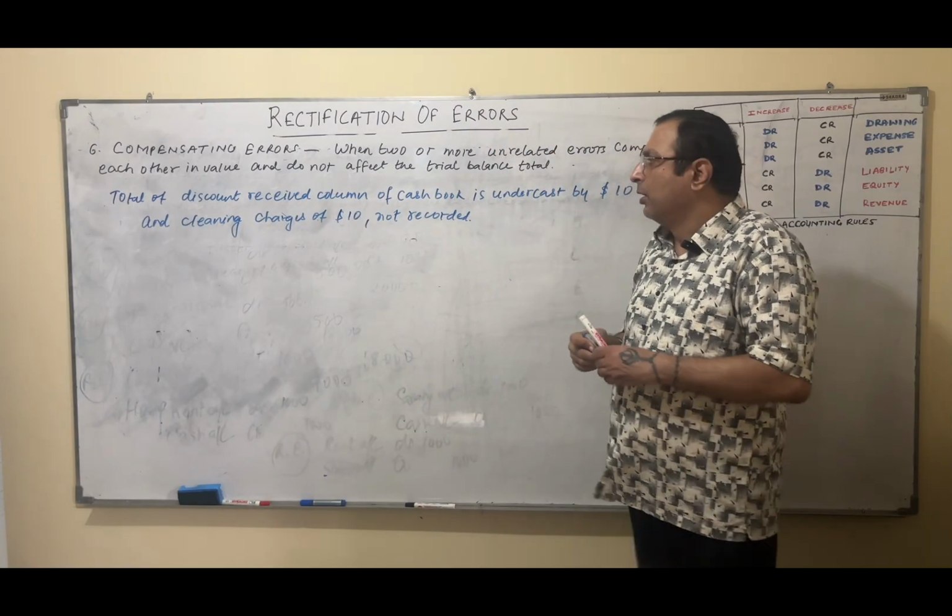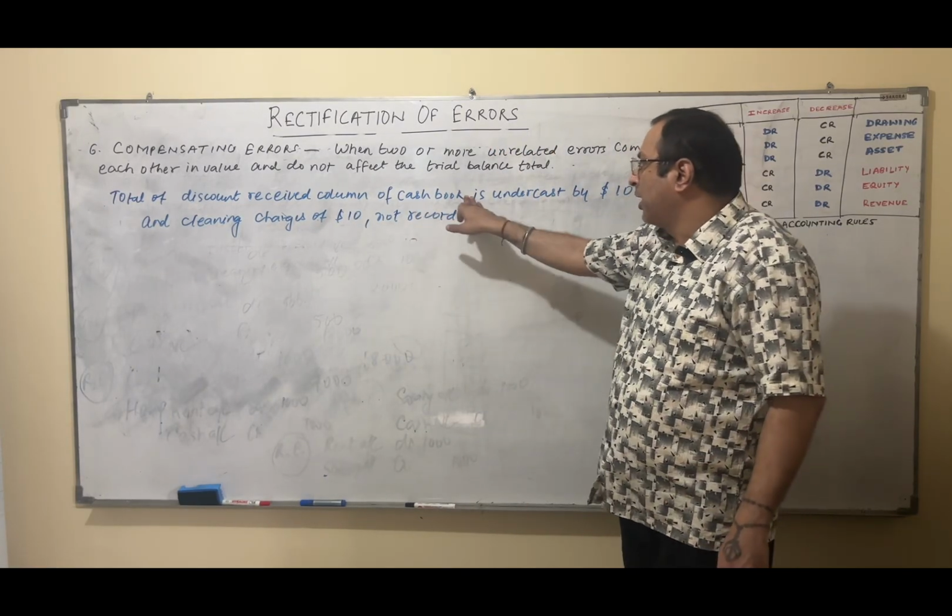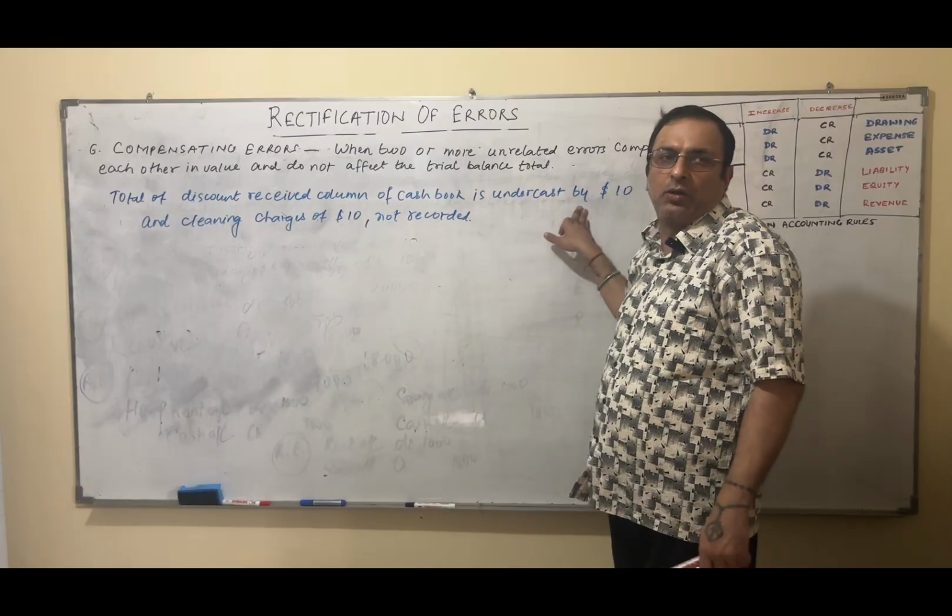Now you can see total of discount received column of cash book is undercast by $10.